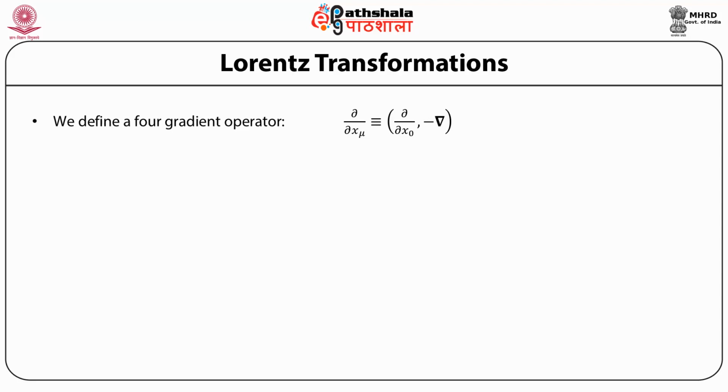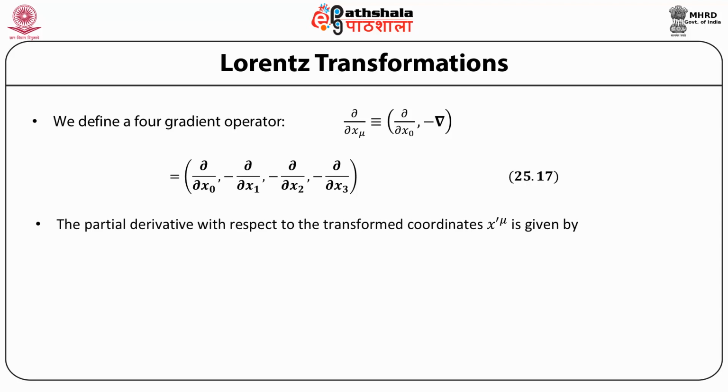We define a 4-gradient operator. ∂/∂x^μ is equal to ∂/∂x^0, comma, minus del operator. This is equal to ∂/∂x^0, comma, minus ∂/∂x^1, comma, minus ∂/∂x^2, comma, minus ∂/∂x^3.